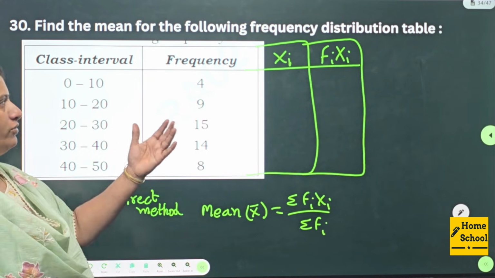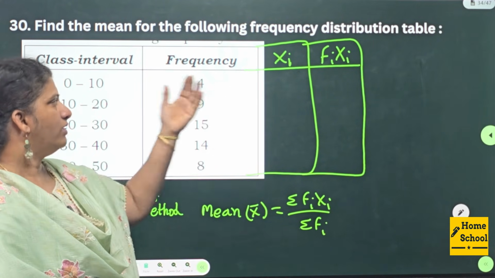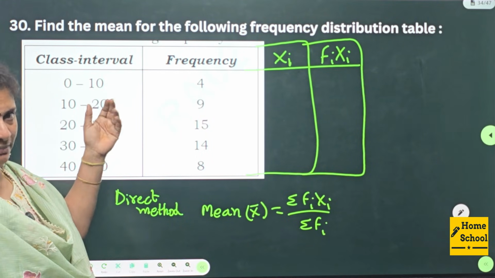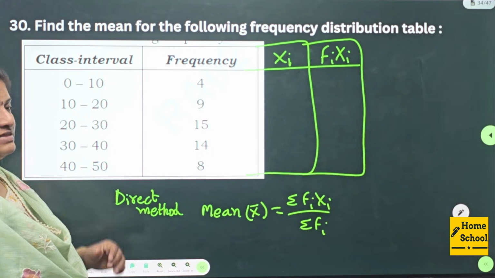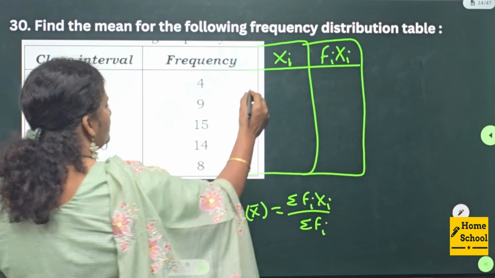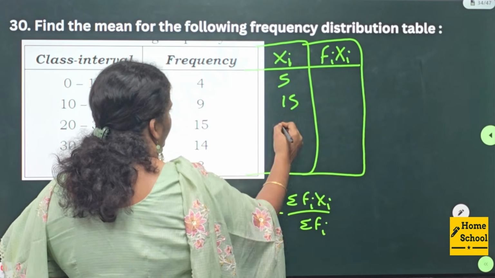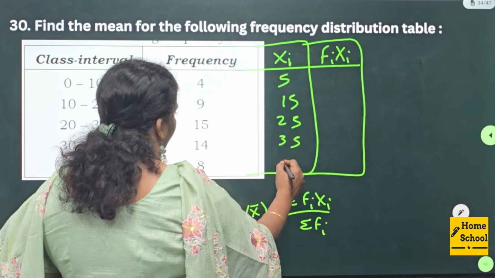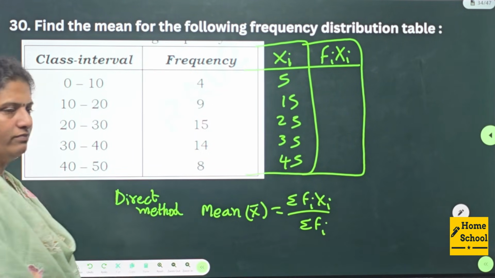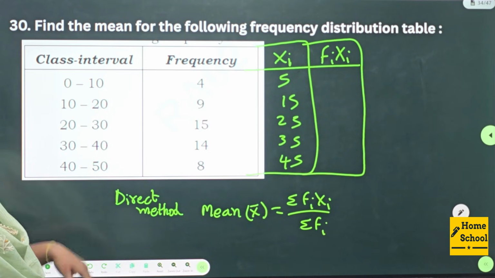Okay. So how to get this class mark, children? Lower limit plus upper limit by 2. 0 plus 10, 10. 10 by 2 is 5. Similarly, 15, 25, 35, 45. Okay, you need to find all class marks.